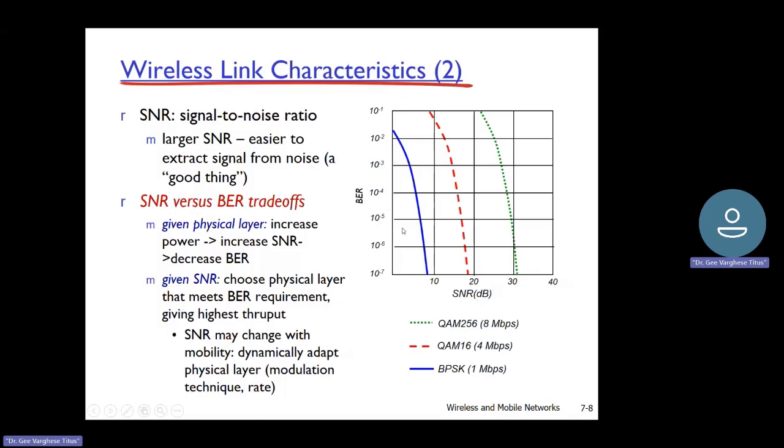Now, if your bit error rate is high, you cannot go for a stronger modulation scheme. So, just three examples of modulation schemes are shown over here: QAM 256, QAM 16, and DPSK. The fastest of it is QAM 256, and you can see that it can transmit up to 8 megabits per second, QAM 16 at 4, and DPSK at 1.